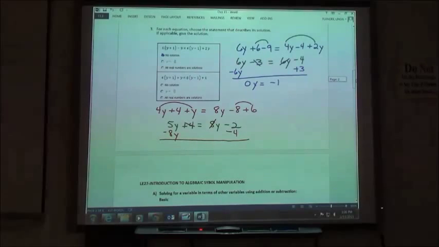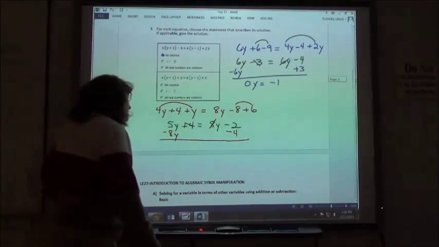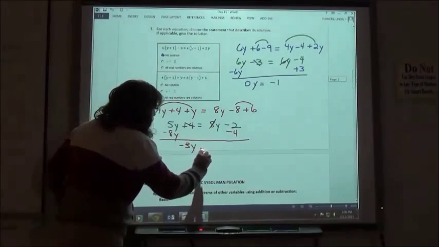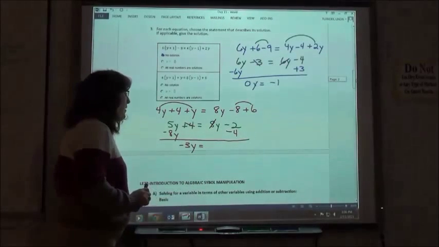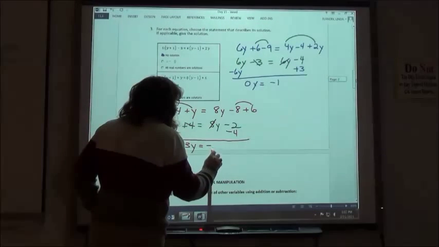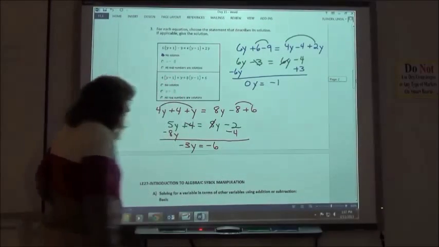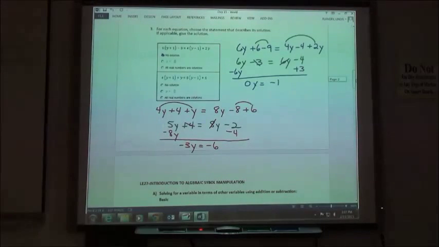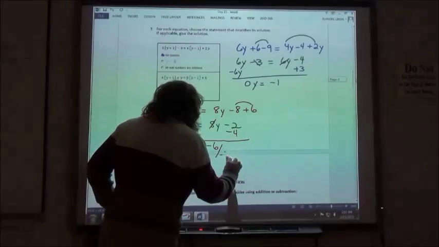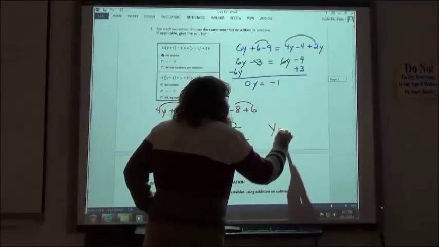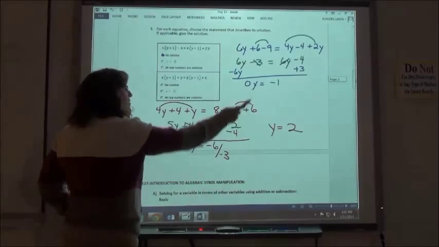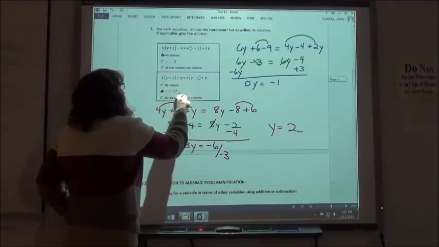So 5y minus 8y equals negative 6, okay, so negative 3y equals negative 6. And then you're going to divide, and y is going to equal 2. And this time we have a negative over a negative, so it is positive 2.